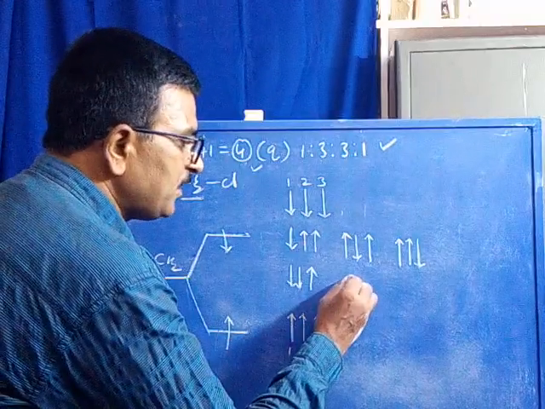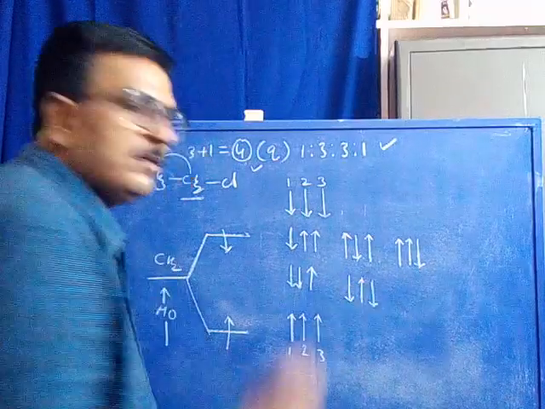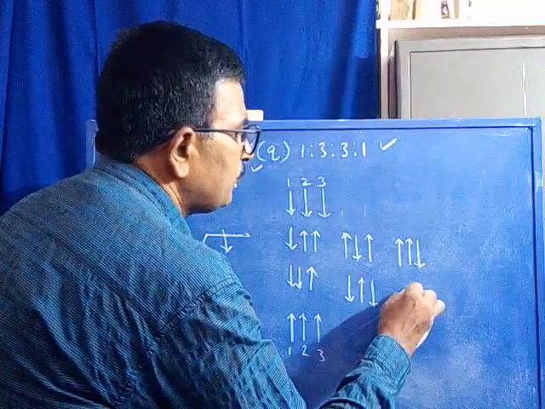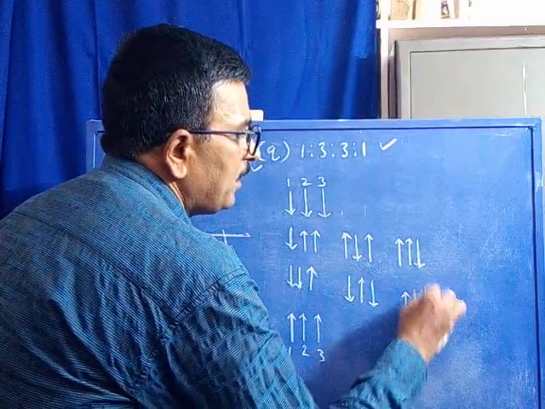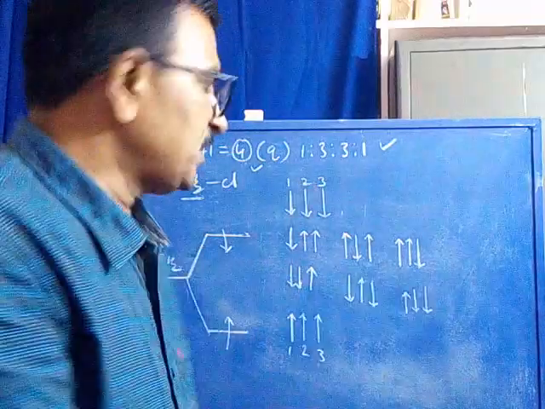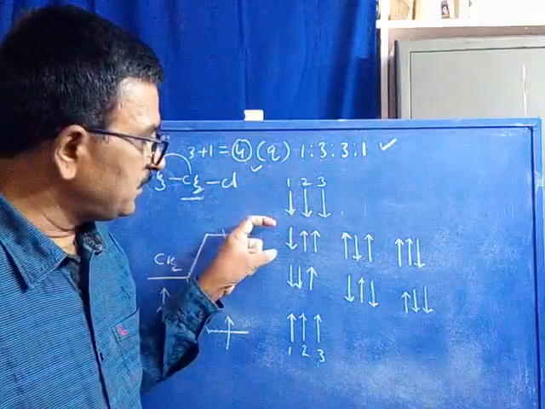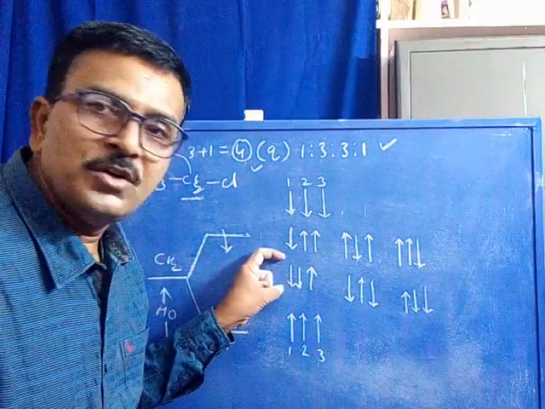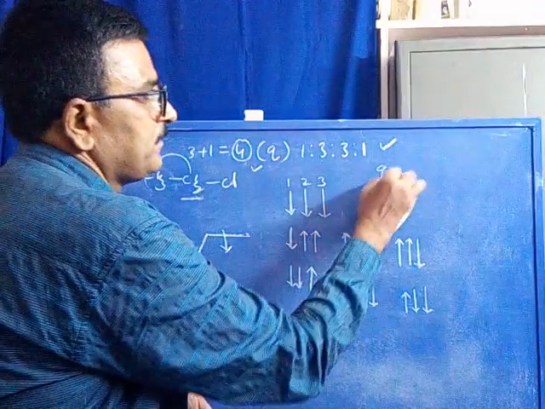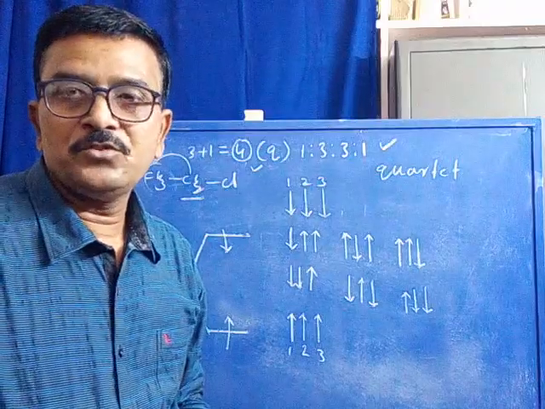It can also arise in 3 ways: first parallel, second anti-parallel, third parallel; or first anti-parallel, second parallel, third parallel. Now these are the orientations for CH3. You can see how many orientations there are: this is the first orientation, this is the second, this is the third, this is the fourth. Therefore, a quartet for the CH2 proton.